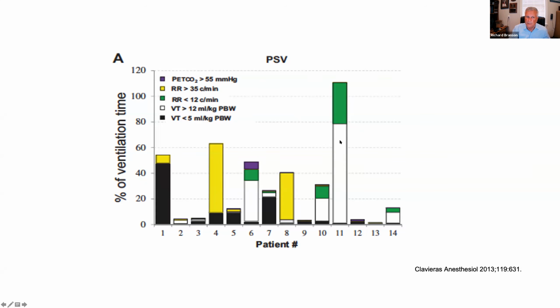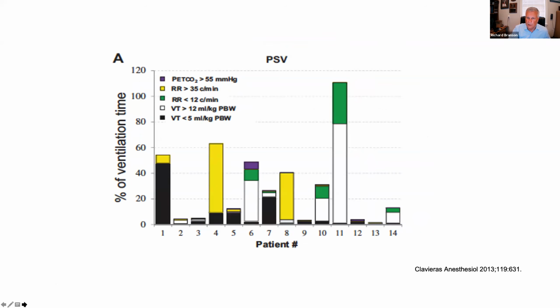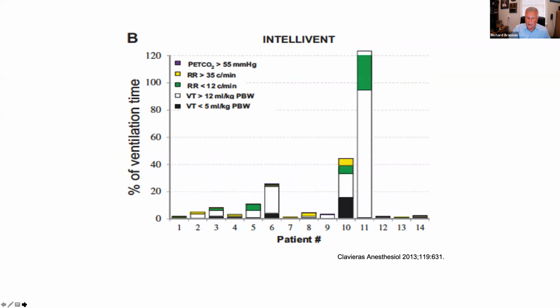See this one patient had big tidal volumes for a while, and then some patients, these are all on pressure support with low tidal volumes. Same patients across the bottom on IntelliVent, and you really only have this one patient who has big tidal volumes and a slow respiratory rate. But for the most part, even without knowing what you're looking at, you can say, if more bars and taller bars are bad, then IntelliVent must be better.